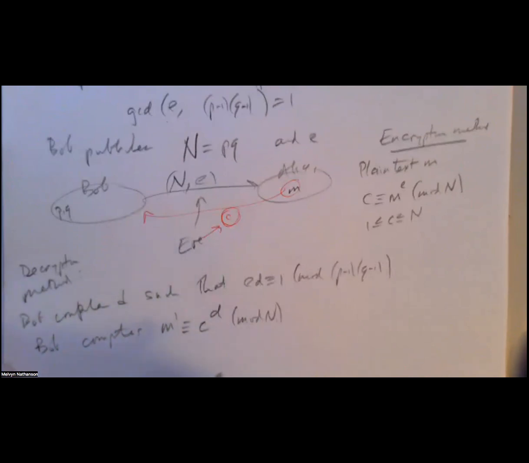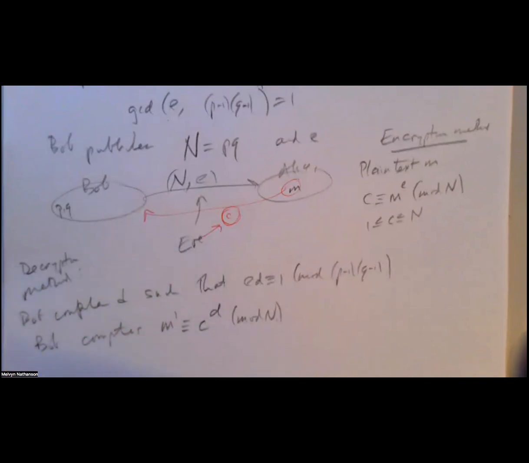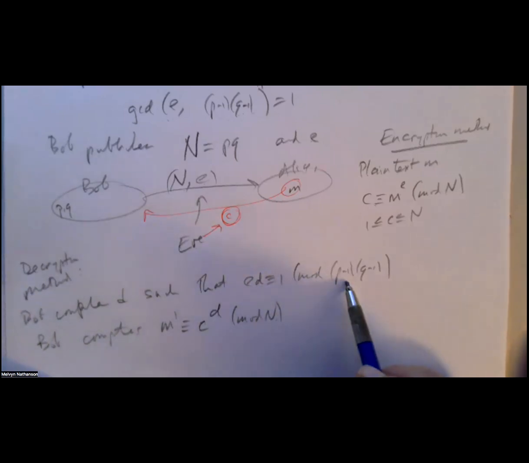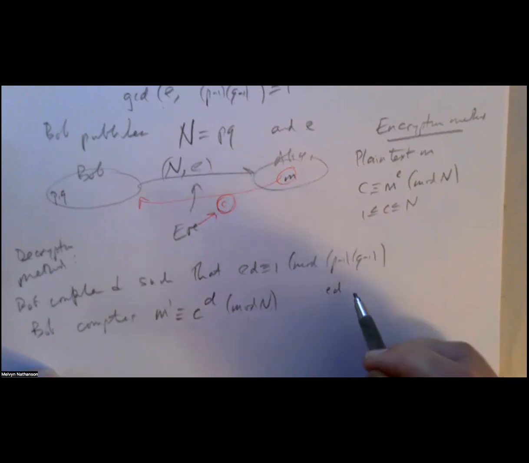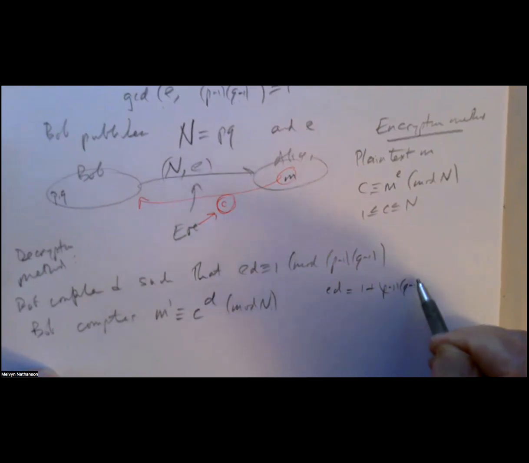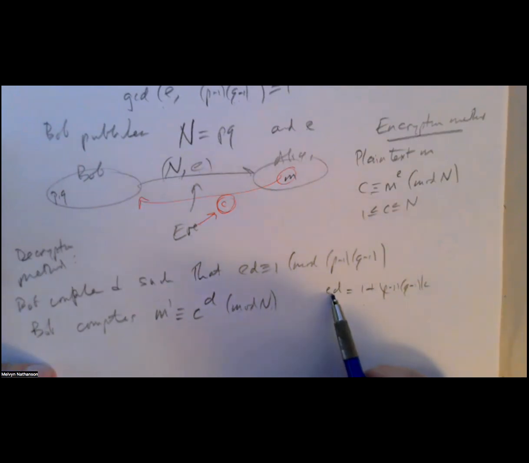let's just repeat the calculation we did yesterday. If ED is congruent to 1 mod (P minus 1)(Q minus 1), this means that ED is equal to 1 plus (P minus 1)(Q minus 1) times something K. Right? ED minus 1 is divisible by (P minus 1)(Q minus 1).